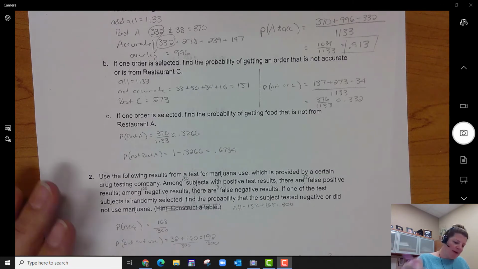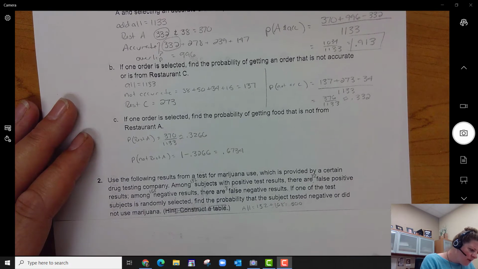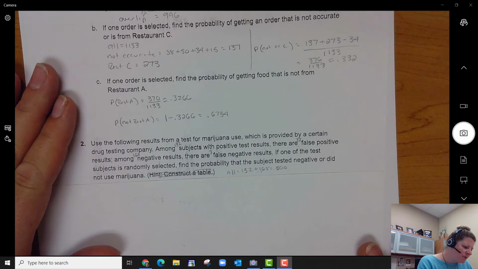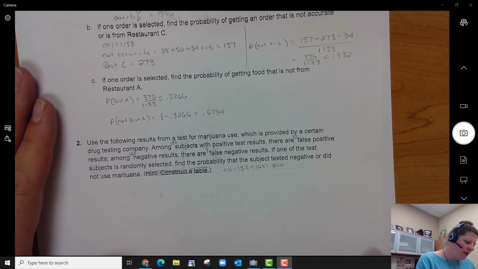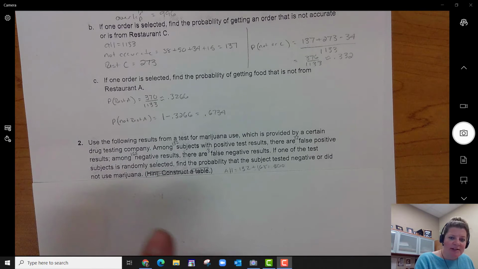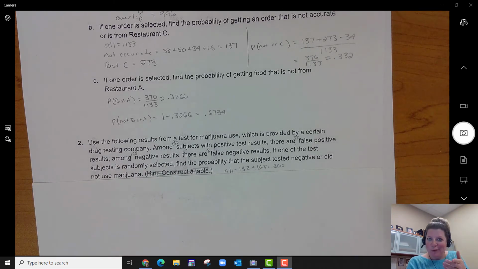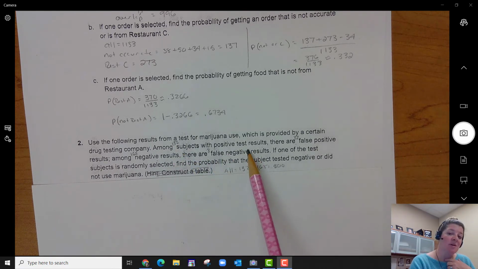All right, so here's one that's a little bit harder. Use the following results from the test for marijuana, which is provided by a certain drug company among, sorry, it's written really small. It didn't show up on my typed. It is if you look now because I've fixed it, but 132 subjects had a positive test result.